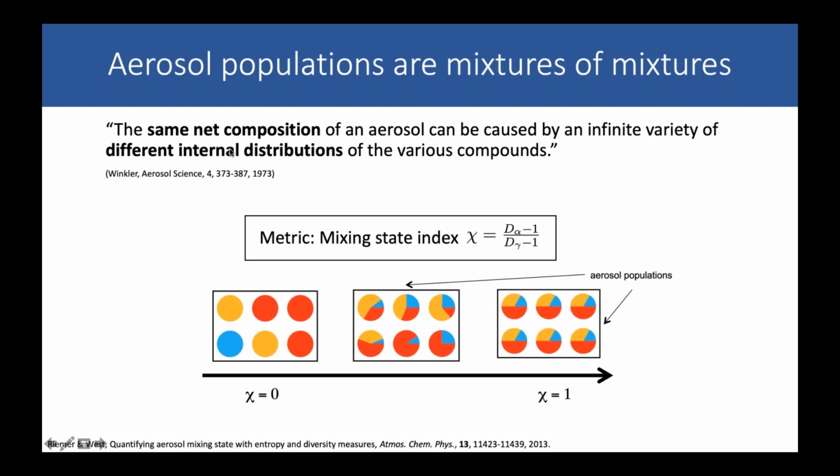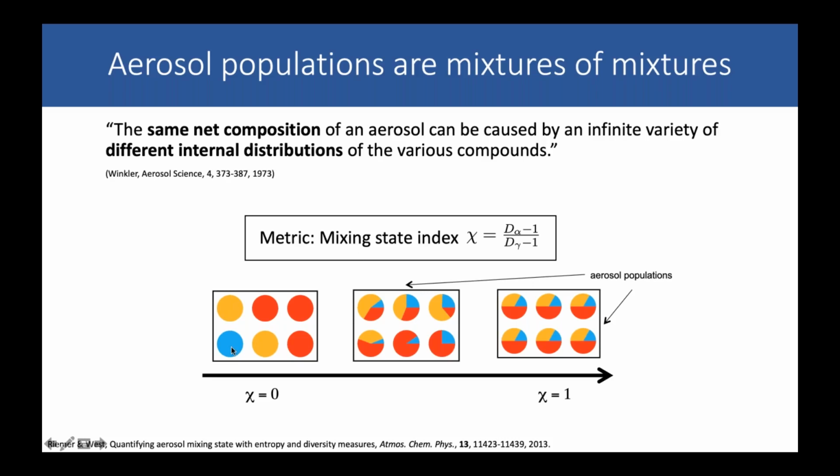This brings us to an important point that was made in the 70s, that the same net composition of an aerosol can be caused by a large variety of different internal distributions of the various compounds. That's basically this issue. You can have the same amount of red, yellow, and blue, but those three different species can be distributed in a very different way over the population.